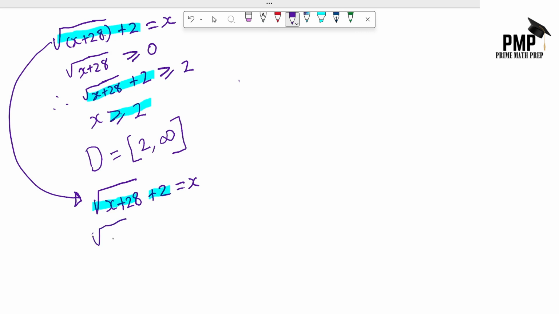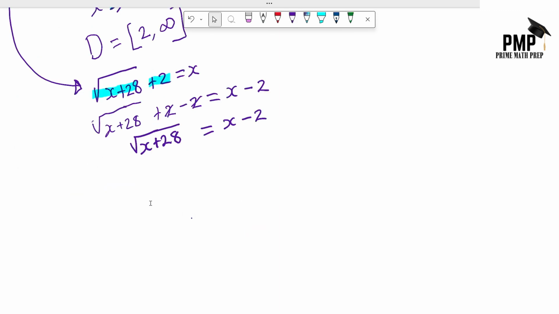This will now be root of x plus 28, plus 2, minus 2, equal to x minus 2. This will now give us root of x plus 28. This will cancel out, equal to x minus 2.